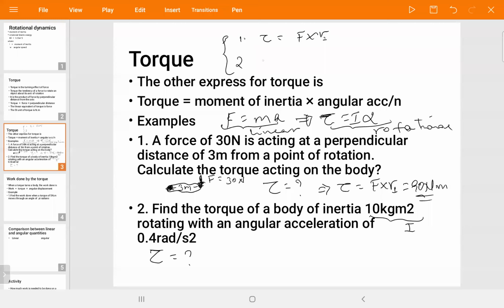And the second expression is that torque can be calculated by inertia times angular acceleration. These are the two expressions for torque. If force and the perpendicular distance are given, we can find torque by the product of the two quantities. In a similar way, we can find the torque if moment of inertia and angular acceleration are given.